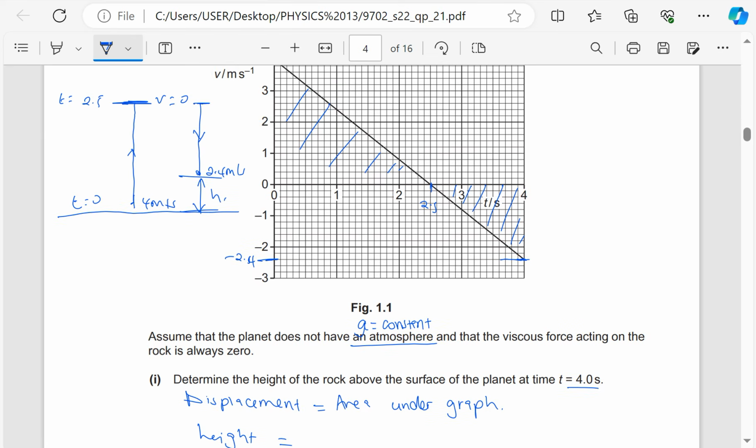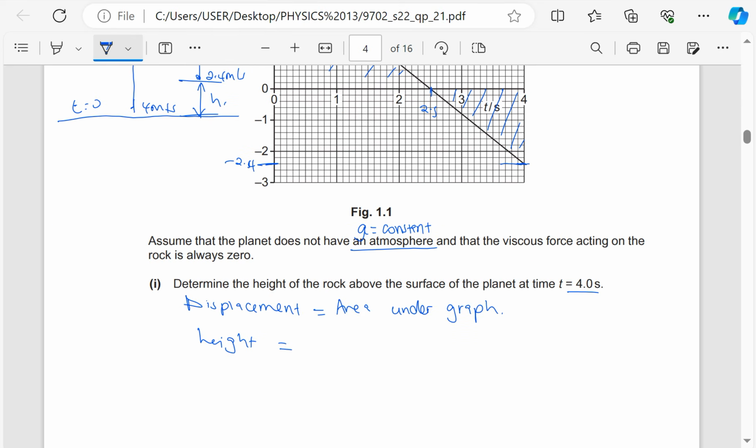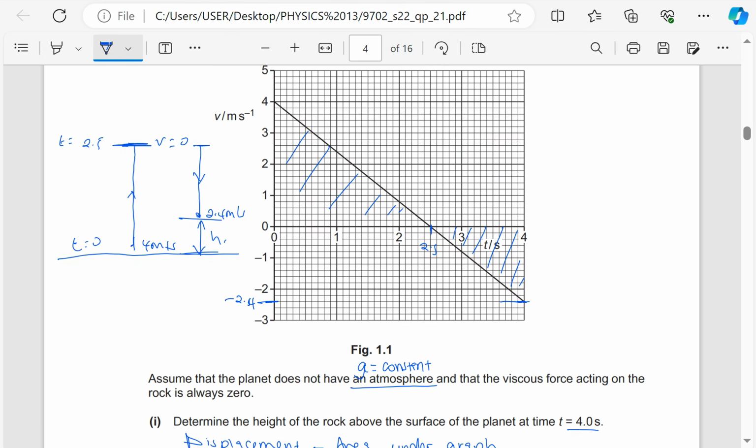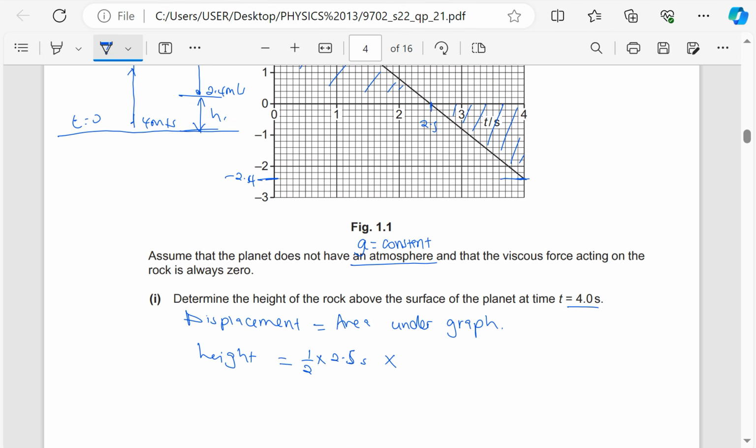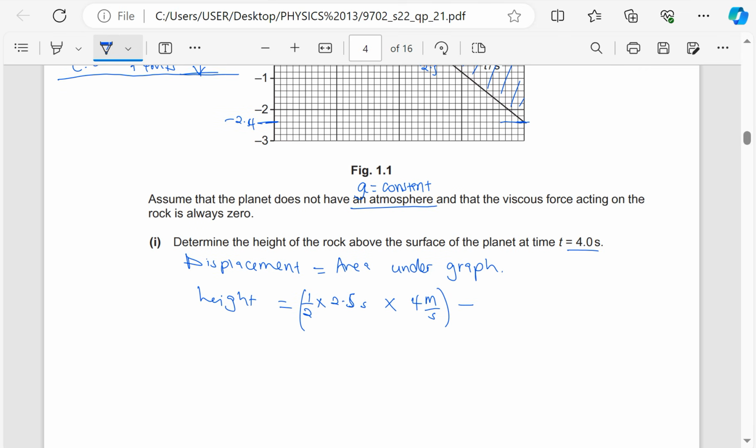The area of the first part is a triangle, so it will be a half times the base, which is 2.5 seconds, times the vertical height, 4 meters per second. This is the distance upwards. Then minus the distance downwards.